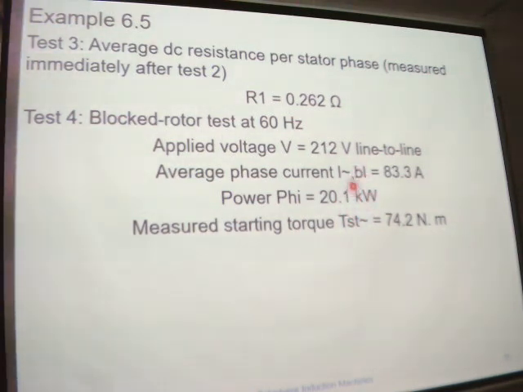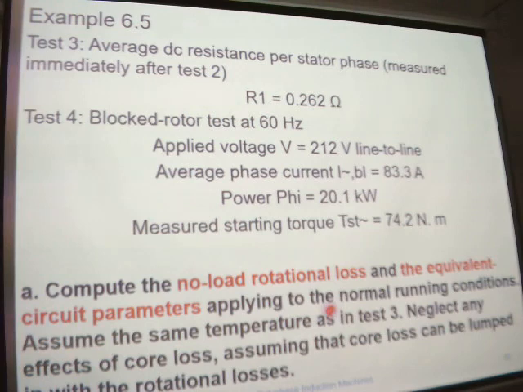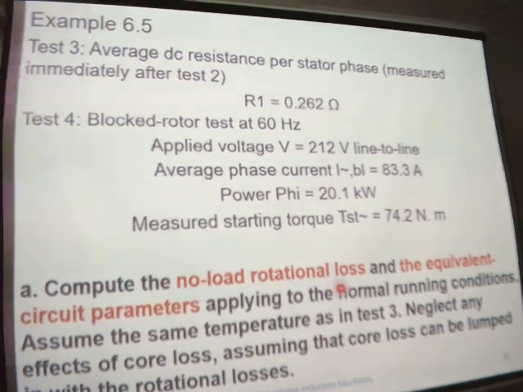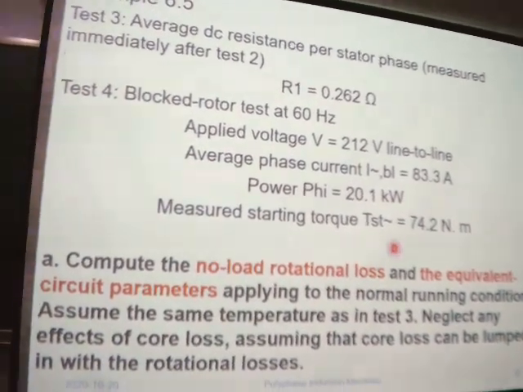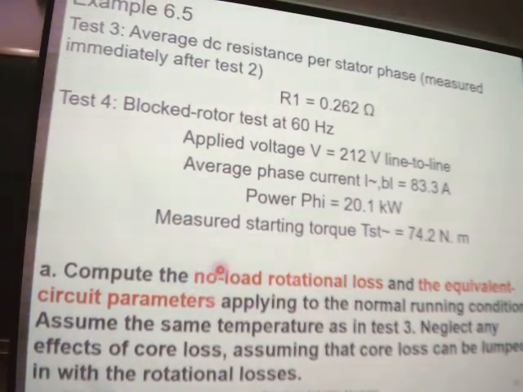So this is the textbook. Let us calculate the no load rotational loss. This is easy. If we know the input power, the current, the stator current and the stator resistance, we can calculate the no load rotational loss.